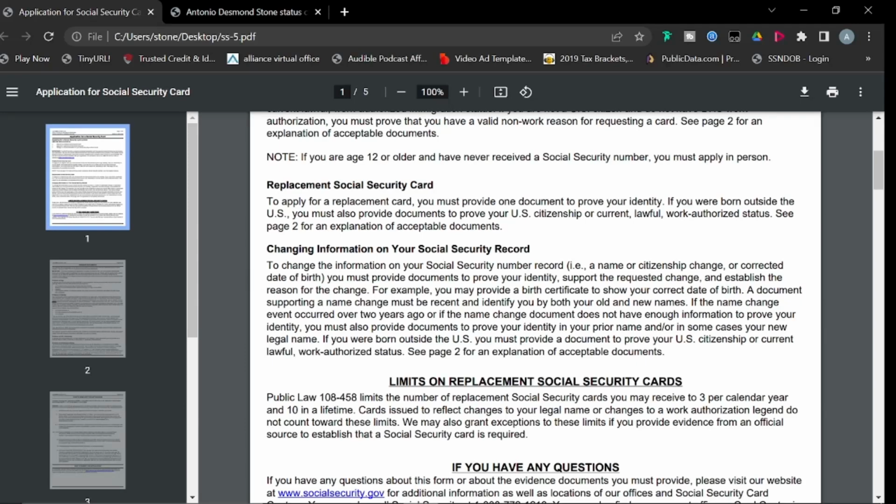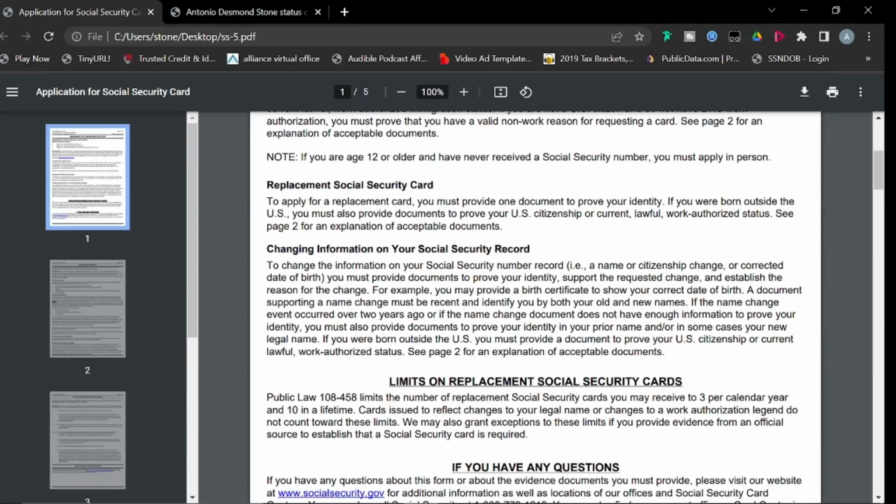So to change the information on your Social Security number record, it's right here: a name or citizenship change or corrected date of birth. You must provide documents of your identity supporting the requested change. Okay, this is just telling you, we're going to ignore all the rest of this. But you can change your status on your Social Security record. It says right here, citizenship change.